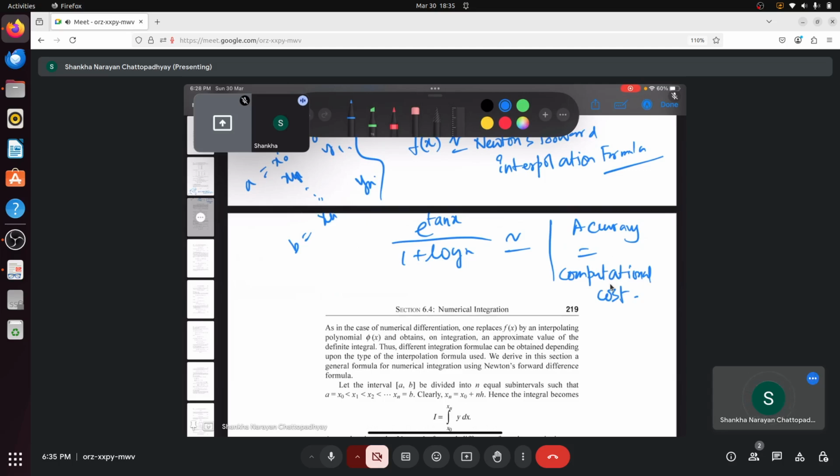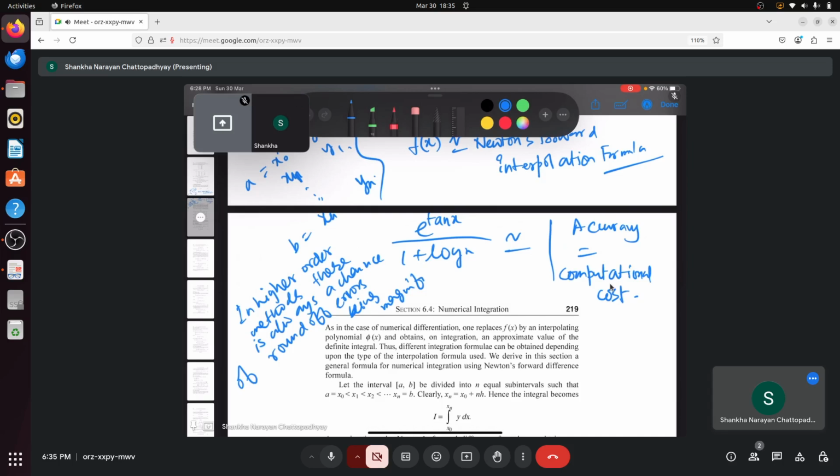Why? Because in higher order methods, there is always a chance of round off errors being magnified. So what happens in higher order methods?